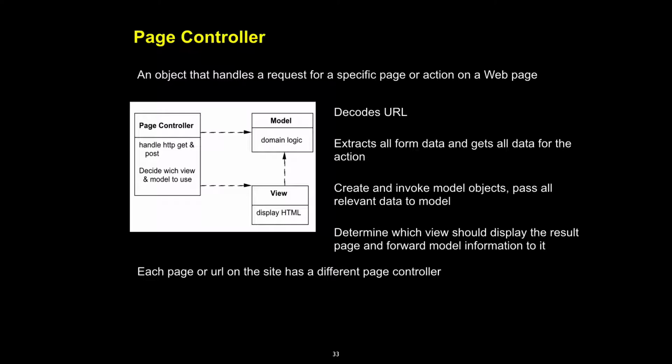Usually either there are parameters in the URL, or it's a post, and in the body you've got the parameters, and so you extract that information, and you usually take all those parameters and put them in a dictionary, so it's easier for the model to grab the data out.